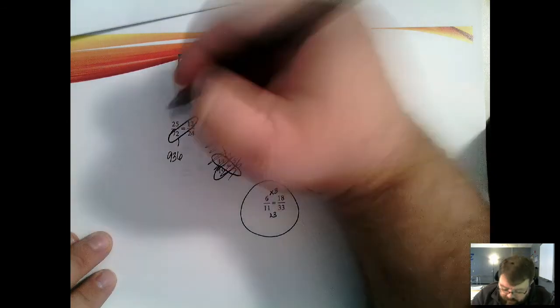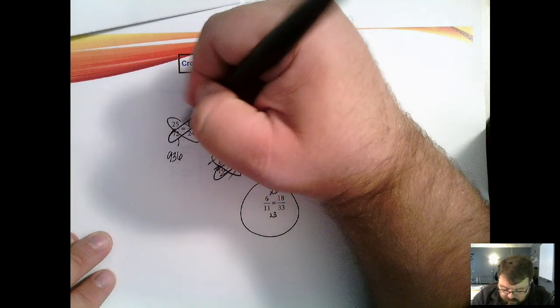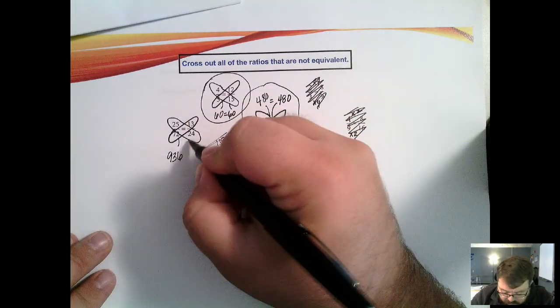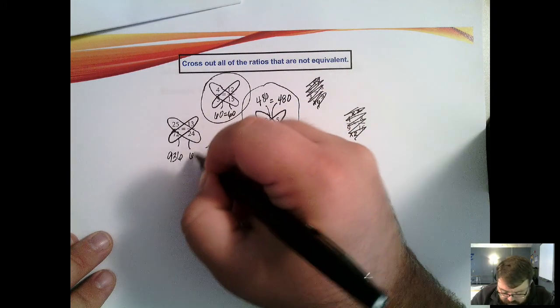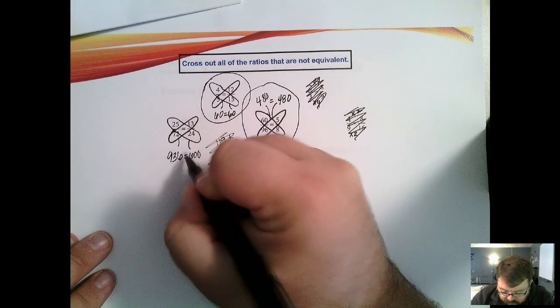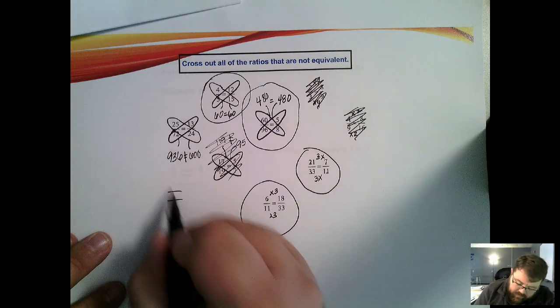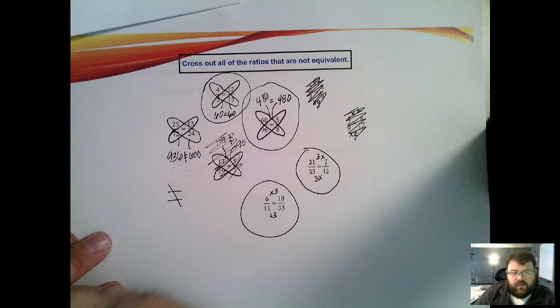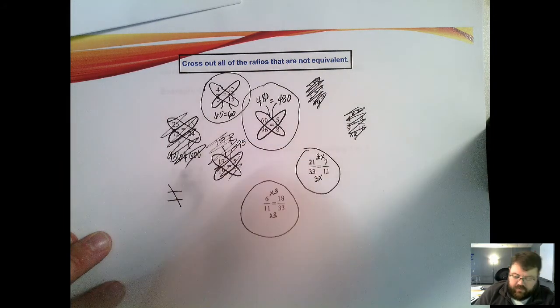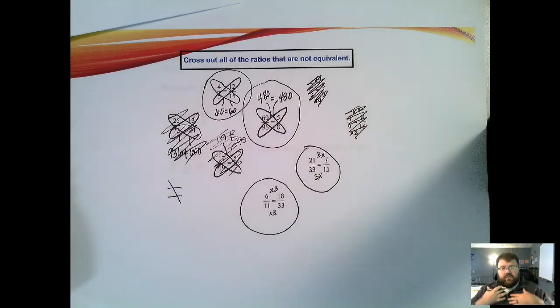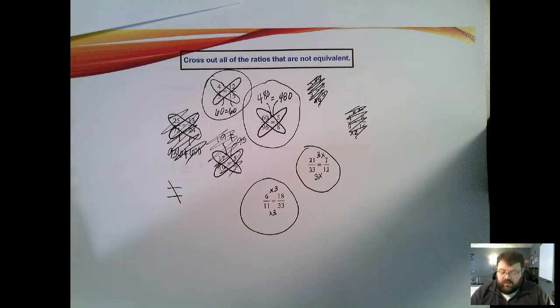And 25 times 24 is 600. These are not equal to one another. Again, remember this is the symbol for not equal. So that means this is not proportionate. So there's two things that you had to remember on this one, the butterfly method and scale factor.